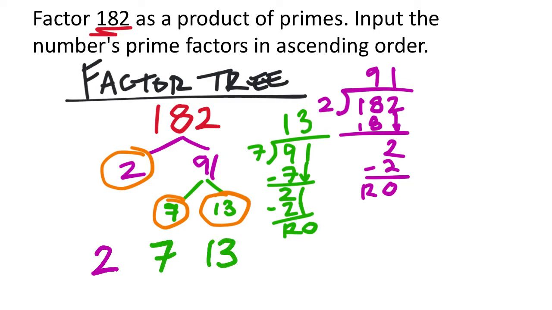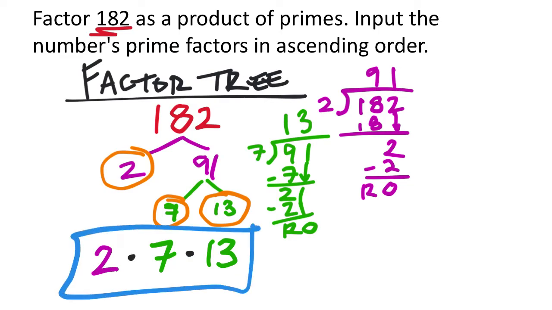These are all prime numbers, and they are all factors of 182. Since we're looking at prime factorization, if you were to take 2 and multiply it by 7, and then multiply that by 13, you would get 182. So these are our 3 prime factors of 182.